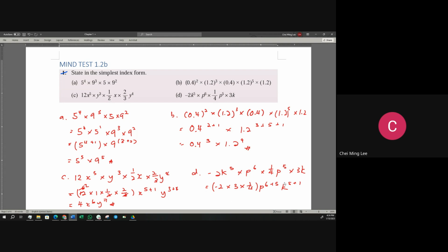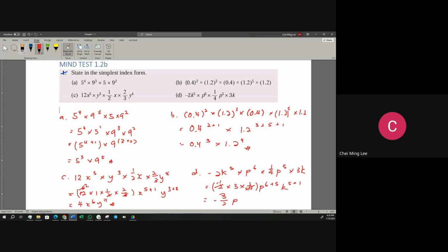Okay, I think I get it. No problem, later I adjust back. So negative 2 times 3 times 1 over 4 becomes negative 6 over 4, which is negative 3 over 2. Negative 3 over 2, p to the power, no, I should come out with k first.